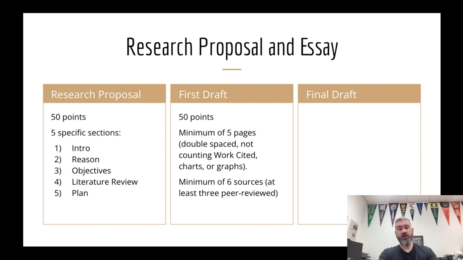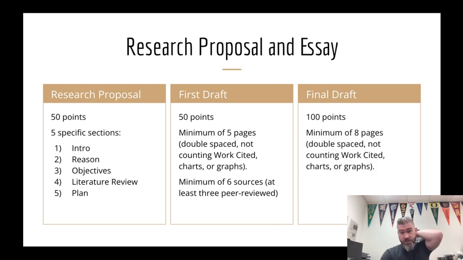Then from there, you'll get comments from me, and you're going to begin working on your final draft, which is worth 100 points. The way I've designed the course, as the point value goes up, you've got more to draw on, and that's part of the reason the point value goes up. With the interest area explorations and the research question rationale, then we get the annotated bib, the research proposal, and the first draft.